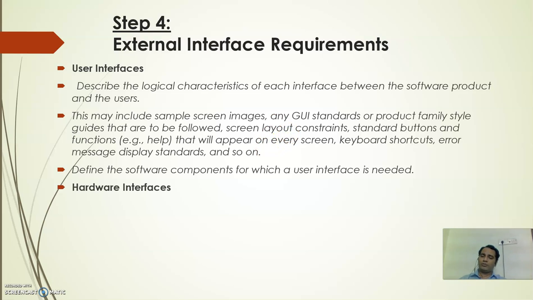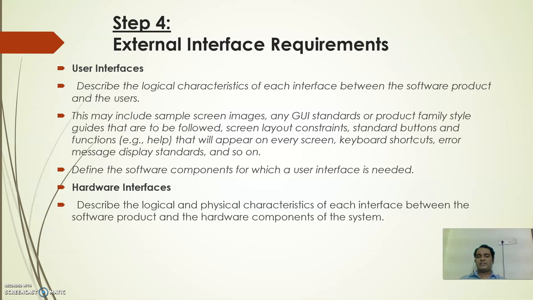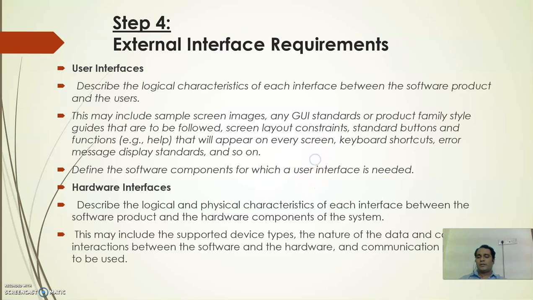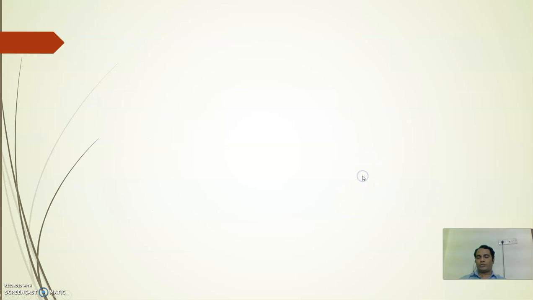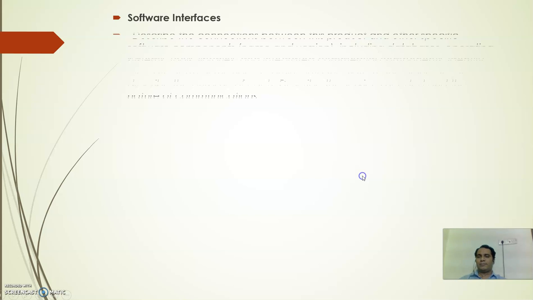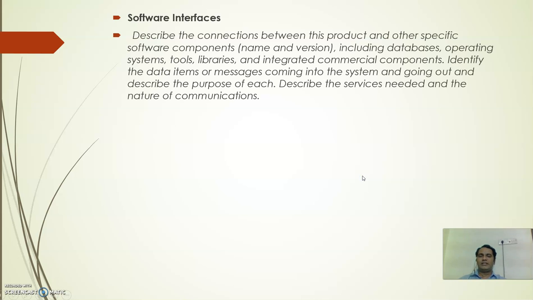And then here we will also mention the hardware interfaces. Describe the logical and physical characteristics of each interface between the software product and the hardware components of the system. This may include the supported device types, the nature of data and control, interactions between the software and the hardware, and communication protocols to be used. Then we can mention software interfaces. Describe the connections between this product and other specific software components.